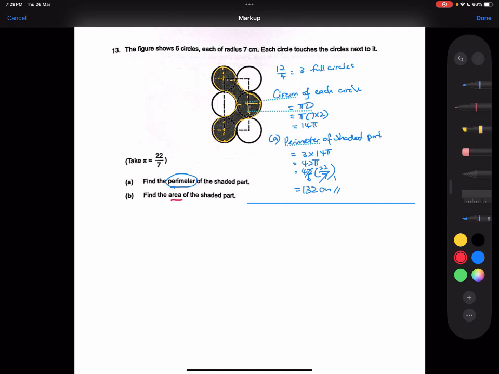Find the area of the shaded part. Okay, I'm going to remove this. As usual, we are going to split the circles into 4 parts, 4 quarters, right? Area of the shaded part. Now, before we go there, let's take a look at the rectangle inside.